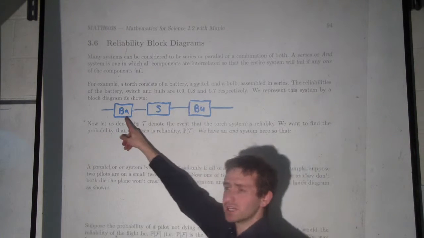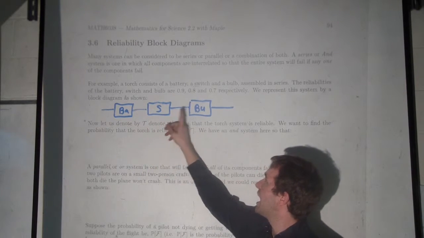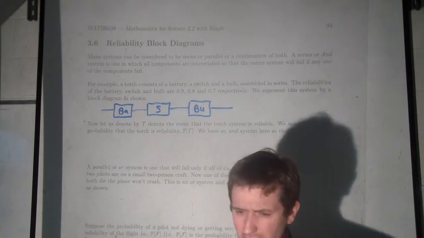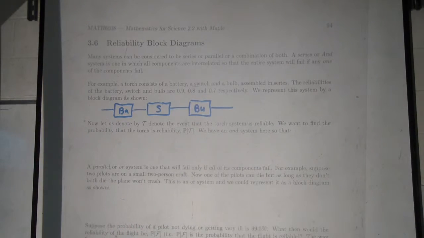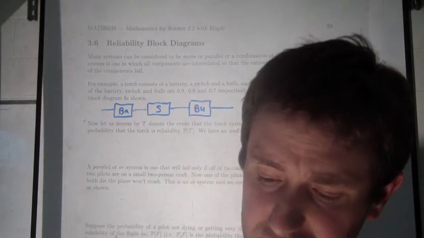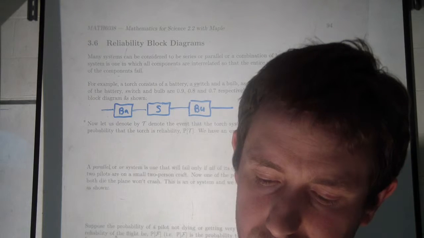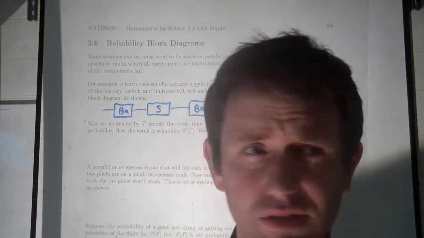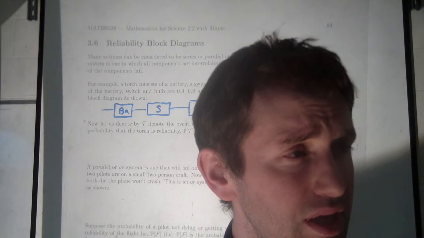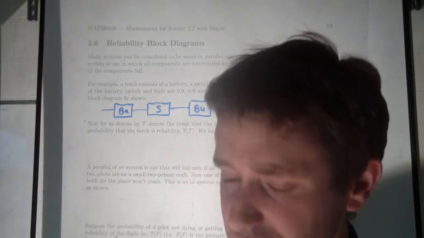You need the battery working, and the switch working, and the bulb working. And we're going to assume everything is independent, so and is just going to mean multiply. There might be some issue with the battery being dodgy, the bulb being in trouble, and this kind of thing. But we're just going to assume everything is independent.